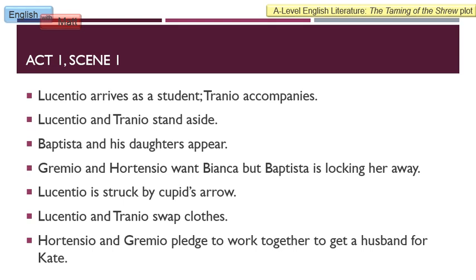And the way in which they do that is, of course, using the school tutor device as a way to gain access to inside Baptista's house before he really should do. So skillfully, Lucentio overheard that Baptista wants school tutors for his daughters. Lucentio uses that resourcefully and skillfully as a way of getting into the house as soon as possible.